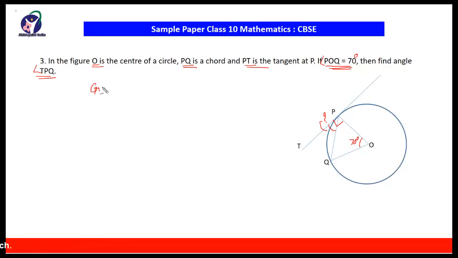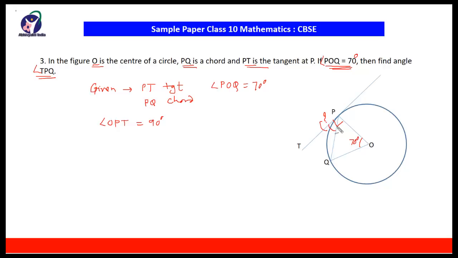So first write the given things. So what are the given things? PT is a tangent, I am writing in short, and PQ is a chord, and angle POQ is equal to 70 degrees. So here we can write that angle OPT is equal to 90 degrees.